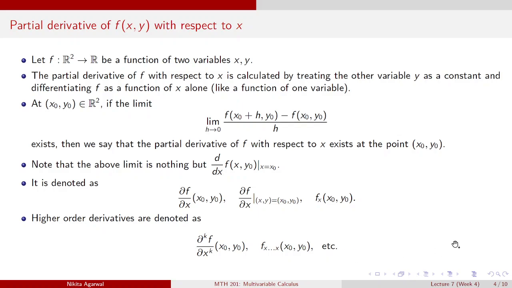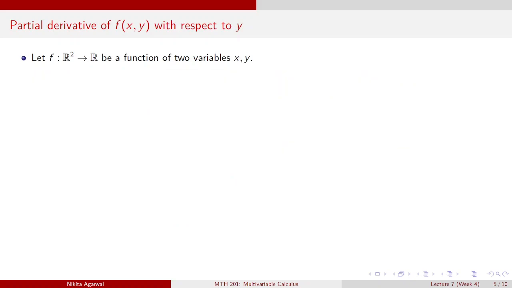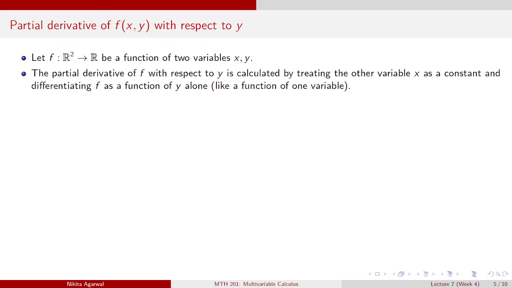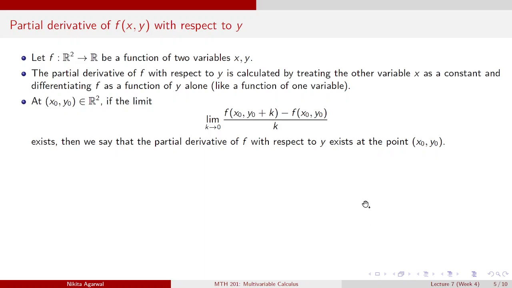This is the derivative with respect to x. Similarly, you can define the derivative with respect to y where you treat x as a constant. So now you put x naught as it is and you vary y. Okay. So you are writing f of x naught, y naught plus k, minus f of x naught, y naught, divided by k, limit k goes to 0.